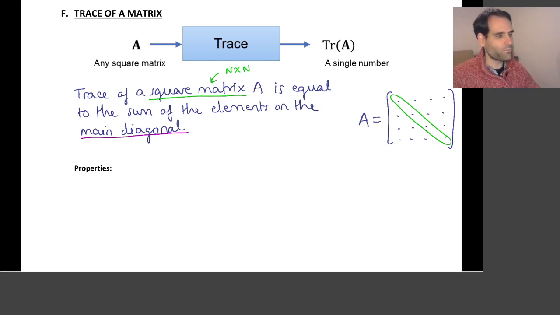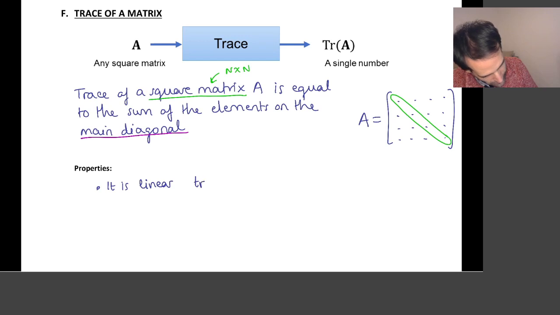The trace has certain properties. The trace is linear, which means that the trace of a linear combination of matrices is equal to the linear combination of their traces.